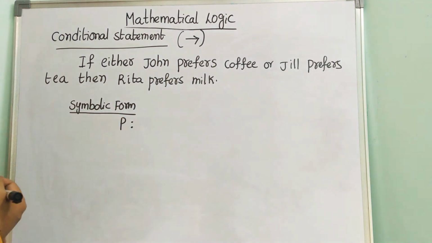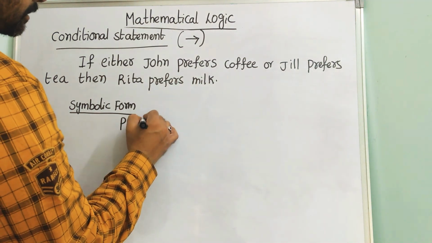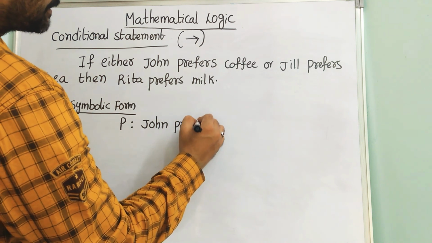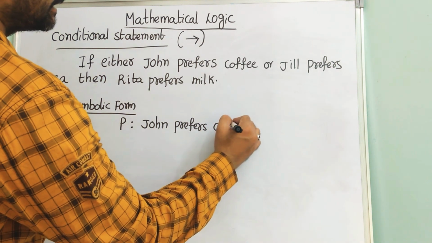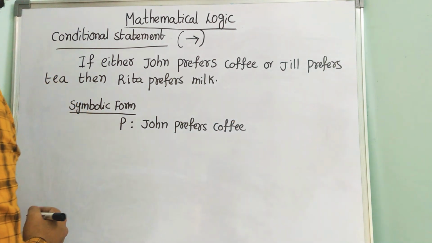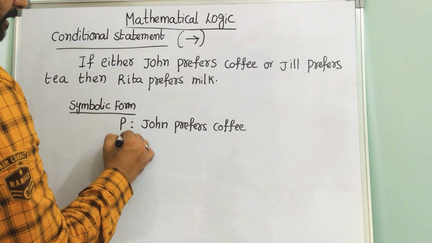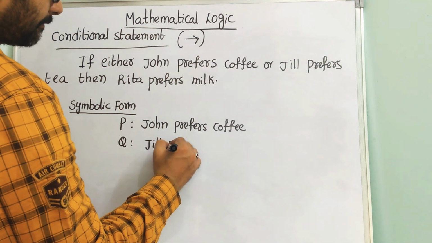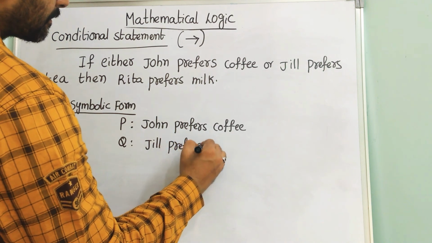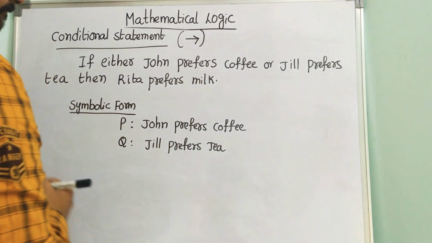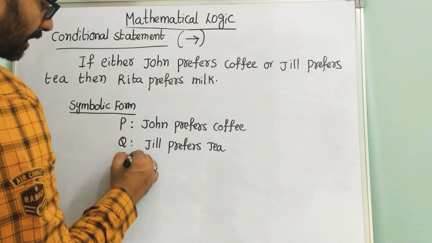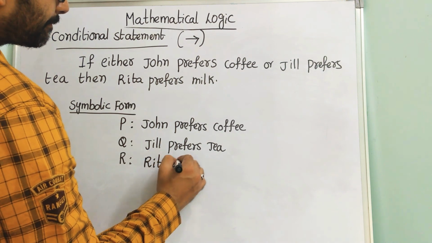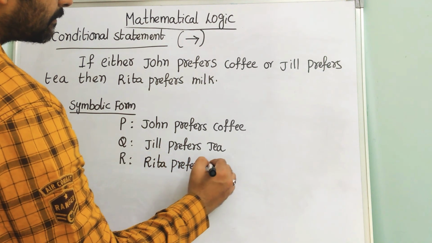So let me consider symbol P indicating John prefers coffee, and statement Q can be Jill prefers tea, and statement R can be written as Rita prefers milk.